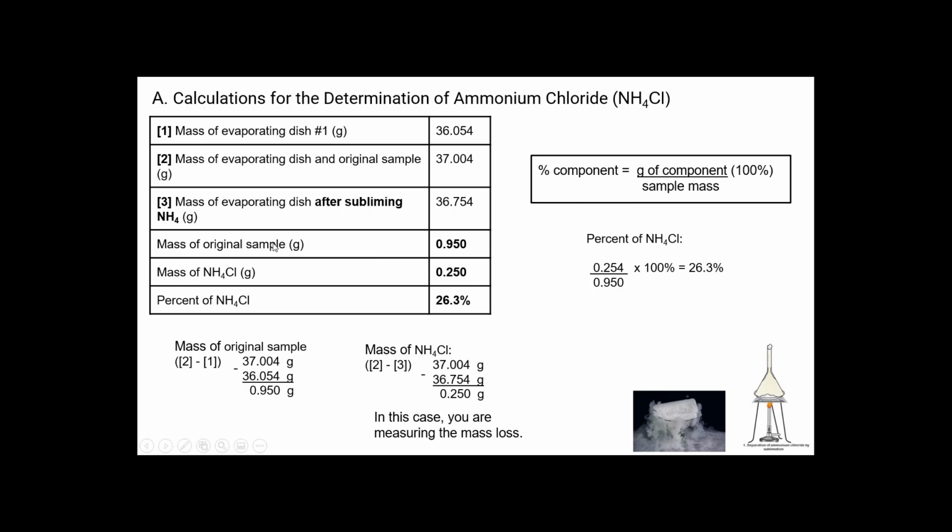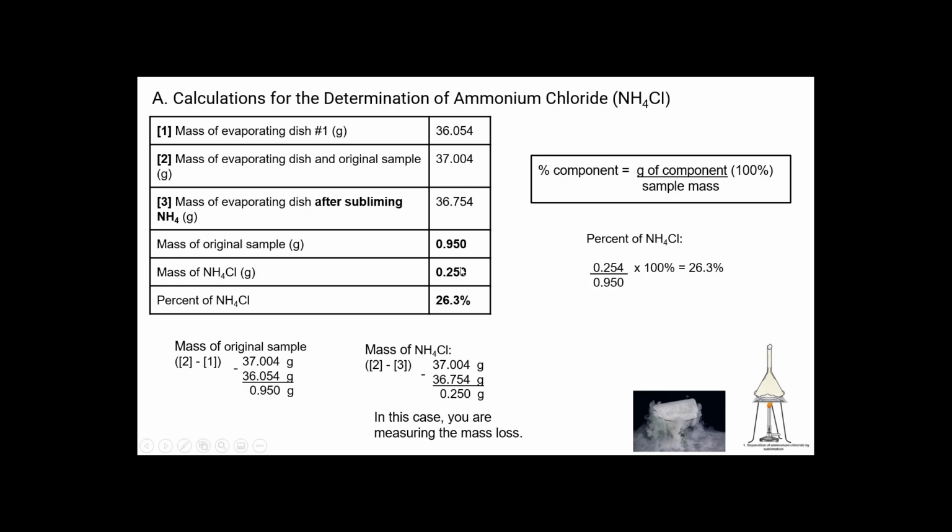So I determined that my mass of original sample was 0.95 grams. I determined that what I lost, my mass of ammonium chloride, was 0.250. So what I did is you take your grams of a component and your sample mass. So for a percentage, the bottom is always, think of a pie, the whole pie, and the top is the slices. How many slices are you dividing from the pie?